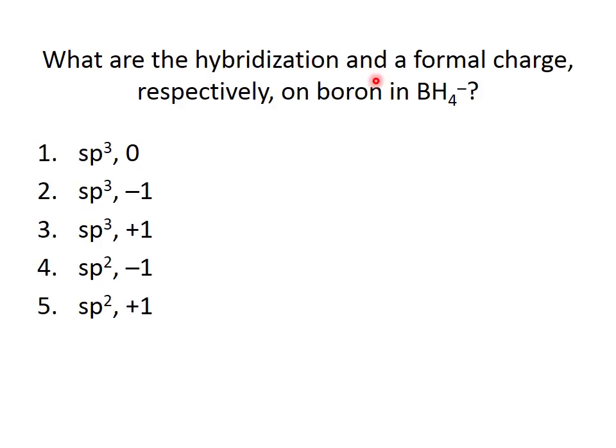What are the hybridization and formal charges, respectively, on the boron in this borohydride anion? Do the Lewis dot structure, pause it, figure out the answer, and then restart the lecture.